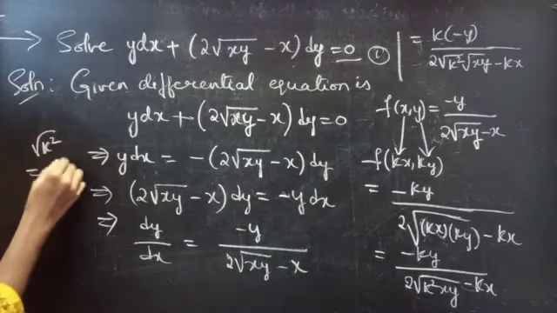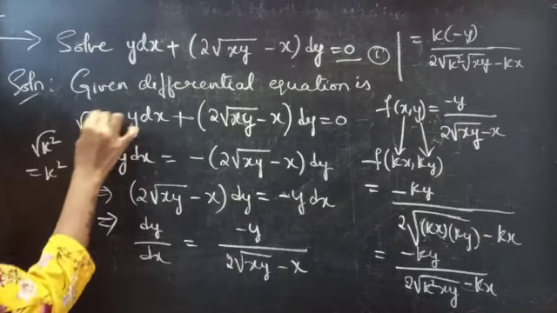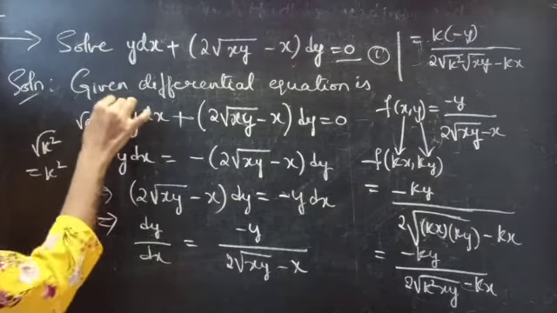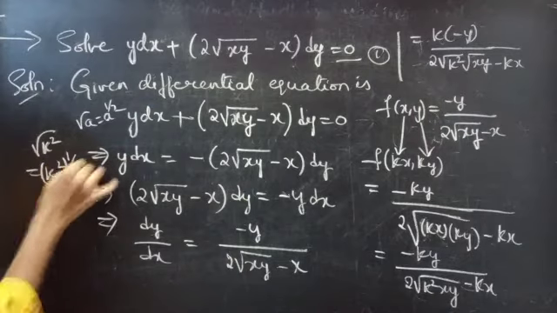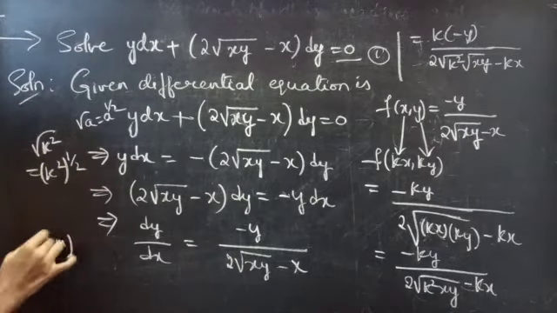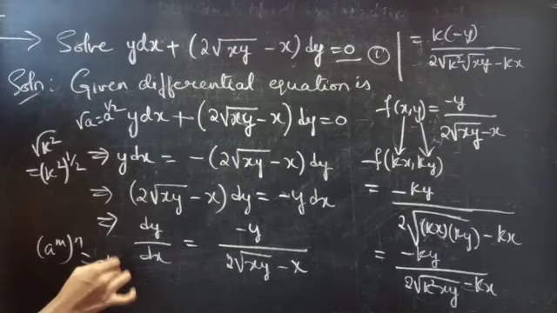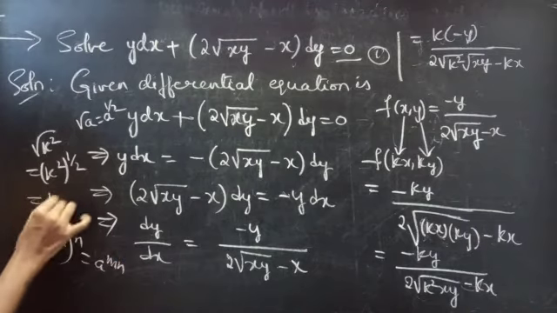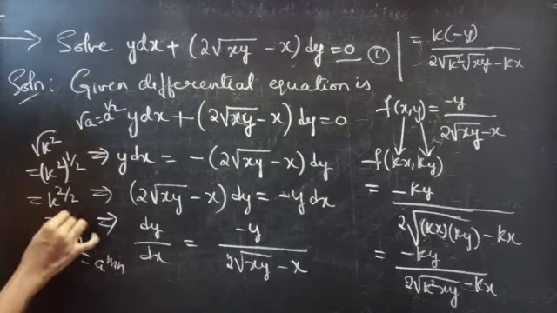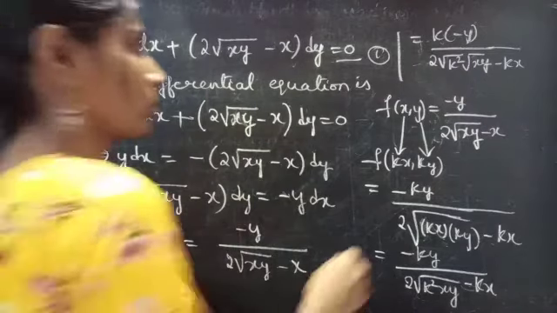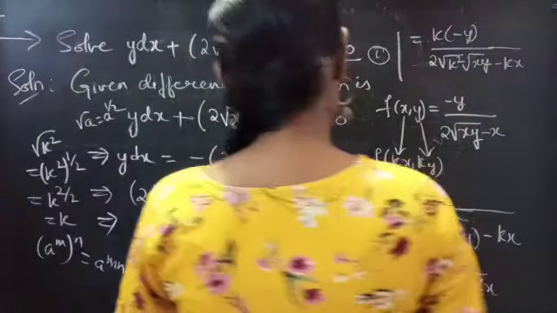Since square root of a equals to a power 1 by 2, you can write square root of k square as k square power 1 by 2. We know that a power m whole power n equals to a power m into n. Then this becomes k power 2 into 1 by 2, which is 2 by 2, equals to k. So square root of k square is k.